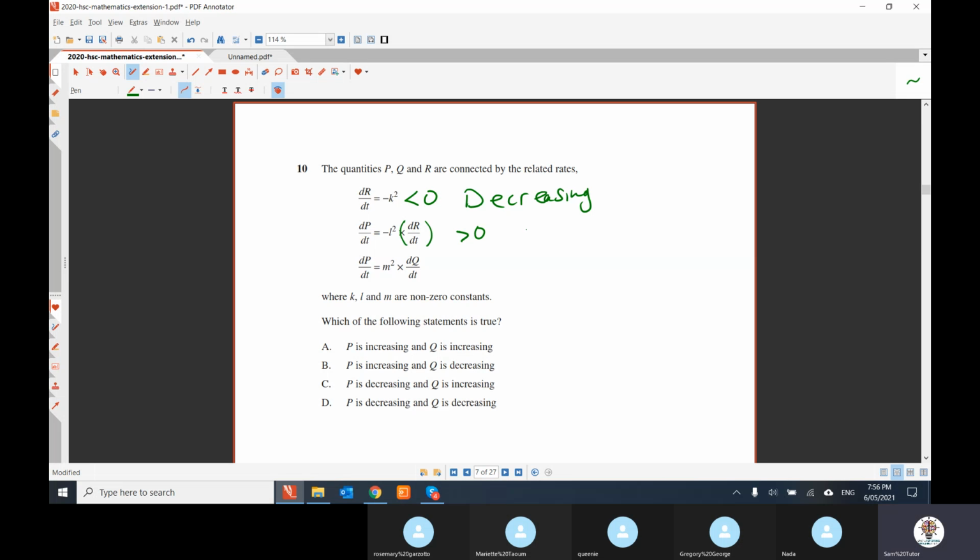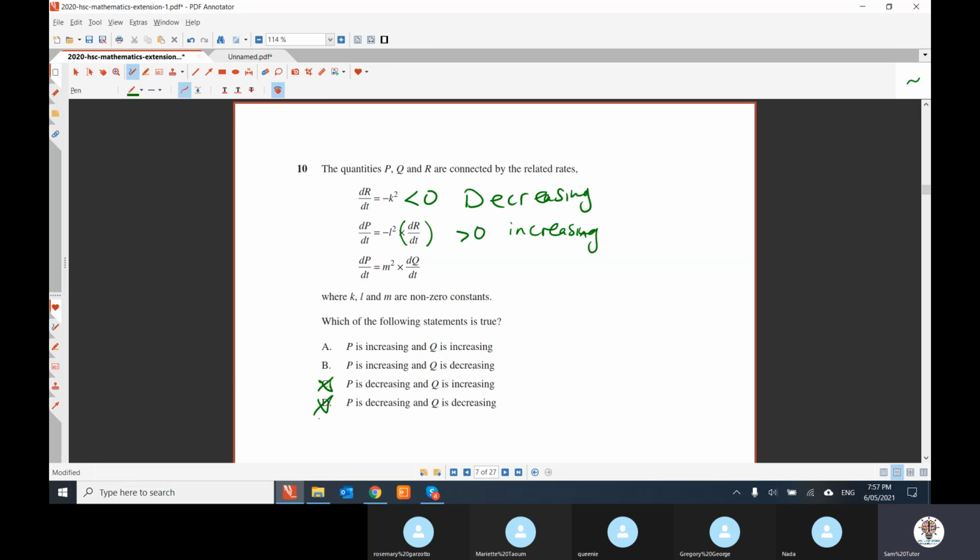Which means it is? So now we can cross off. dp on dt equals m squared times dq on dt.